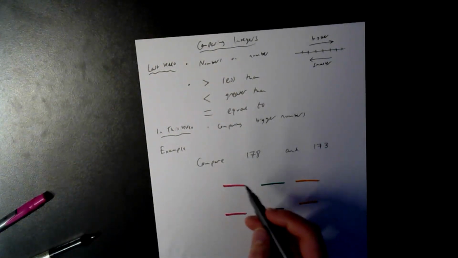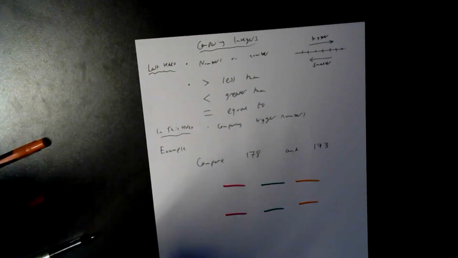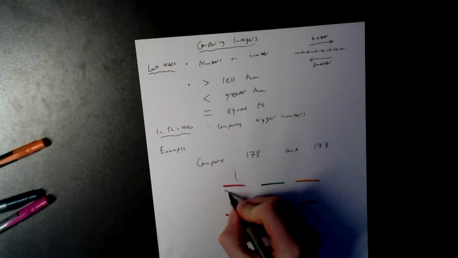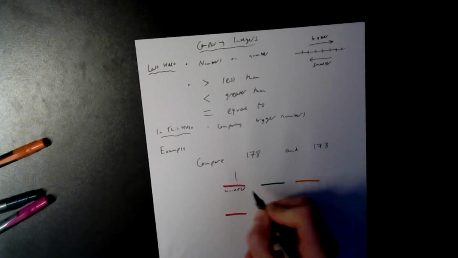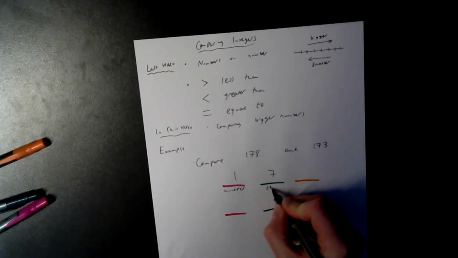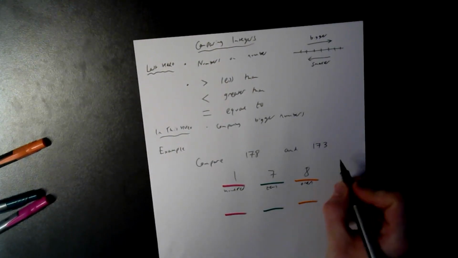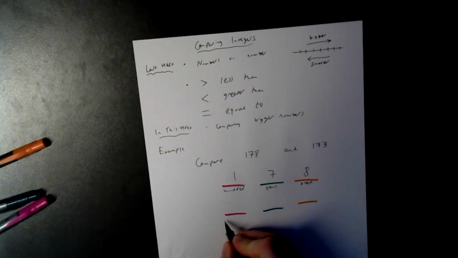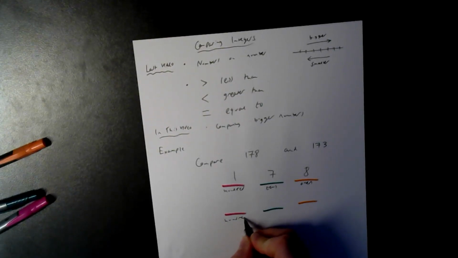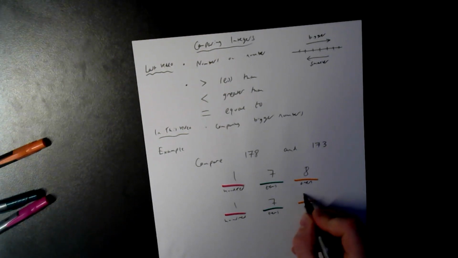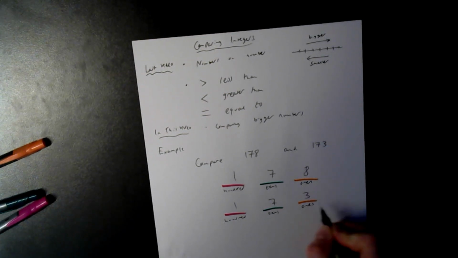So 178 is just 100, 7 tens, and 8 ones. And 173 is 100, 7 tens, and 3 ones.